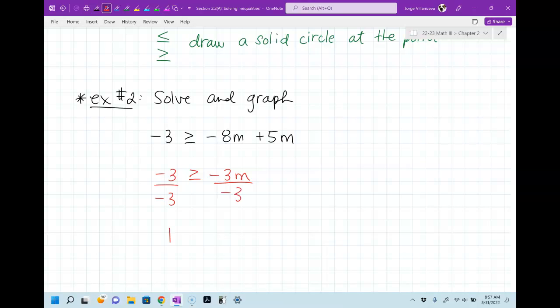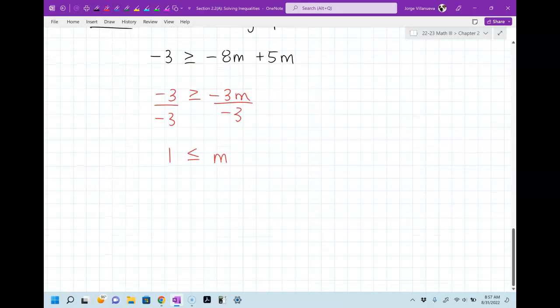So my answer is 1. Over here there's an m. What does my symbol become? Well, it's already greater than or equal to. You got to flip it. So less than or equal to. You're going to basically just turn it around, okay? It's going to look like that. Just make it point the other direction, that's all.